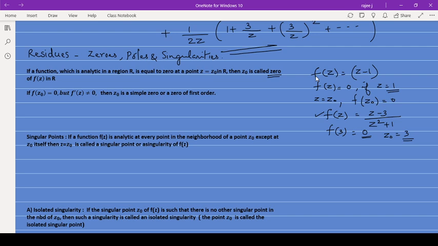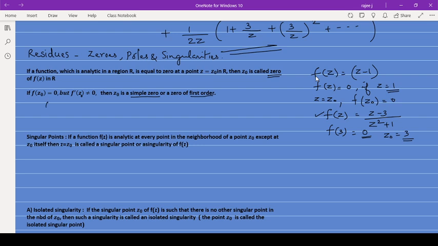Then again, if f(z0) equals 0 but f dash of z0 is not equal to 0, then z0 is a simple zero, or a zero of first order.